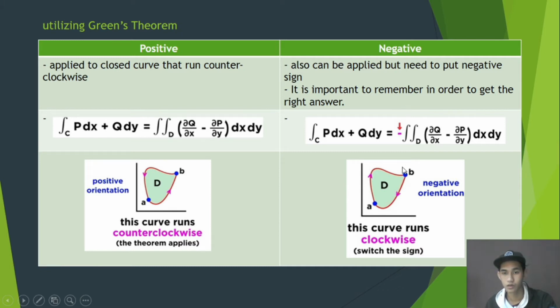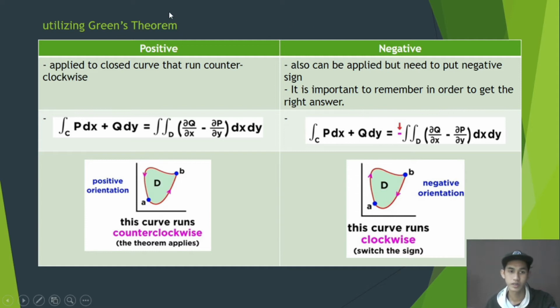The difference between positive and negative in the formula is that we need to put a negative sign before the double integral sign here for negative. For positive, make it like this. So that's the difference between positive and negative.